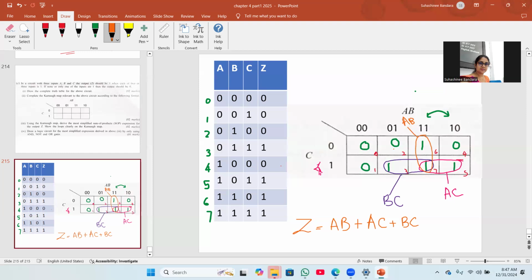And another thing, you will get 2 marks for the empty K-map without grouping, with 0, 1, 0, 0 filled in. This filled K-map without grouping, you will get 2 marks. Therefore, don't write only the ones. Zeros also should be there because each and every output will carry 0.5 or 0.25 marks.